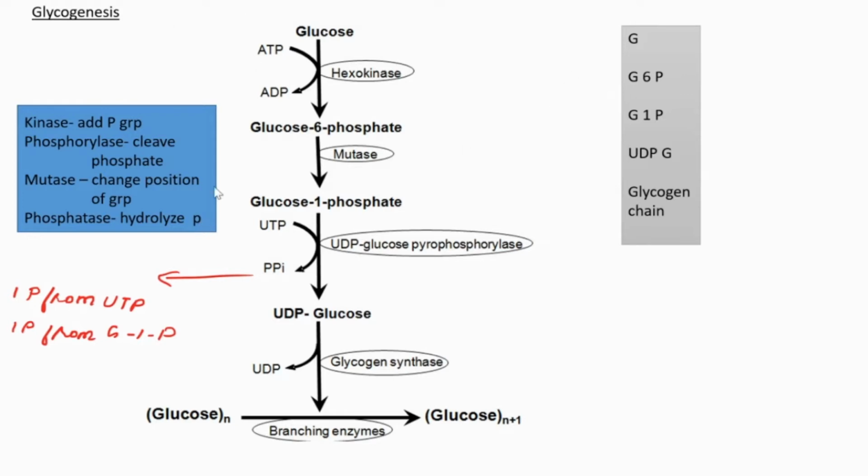By converting glucose to the glucose 6 phosphate form, we can keep it inside the cell itself without freeing it to the blood. In this form, it cannot pass freely from inside the cell to outside into the blood.